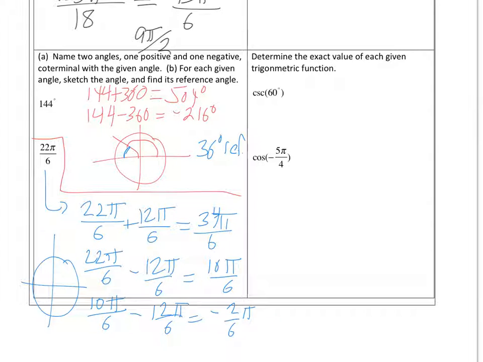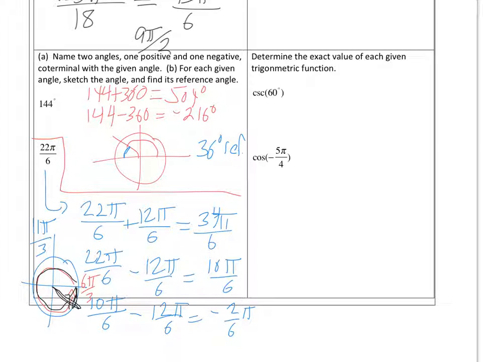22 pi over 6, I'm just going to reduce this now to make our lives easier. It's going to be 11 pi over 3. Going around one full circle would be 6 pi over 3, because that's 2 pi. I'm going to go not quite all the way a second time around, because it's not quite 4 pi. I'm going to end down here.